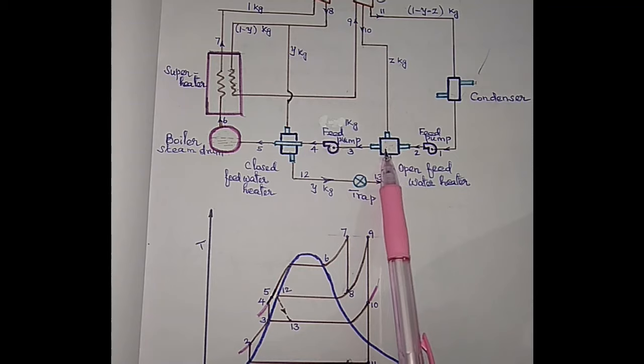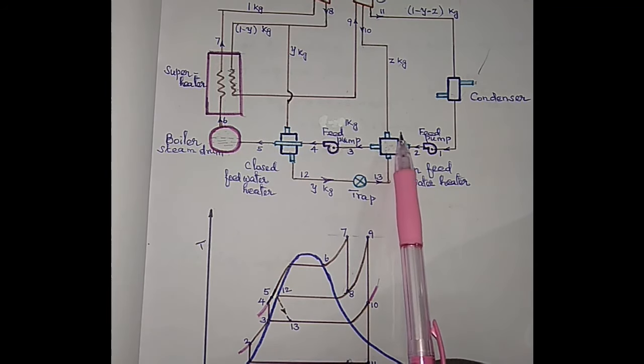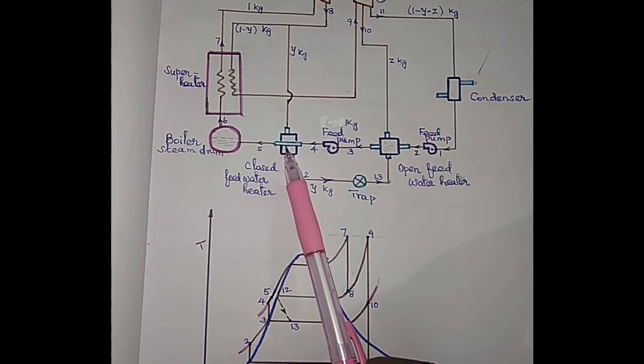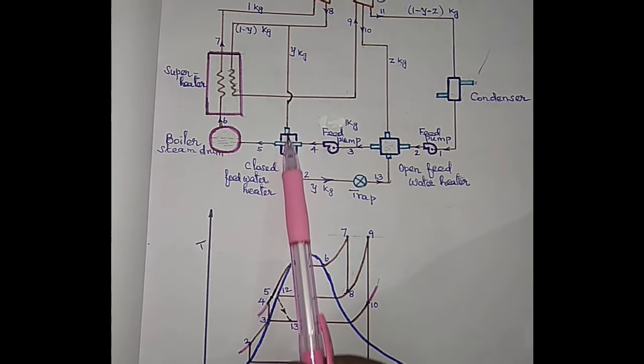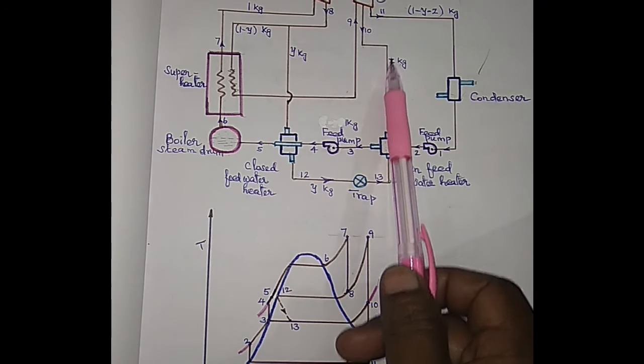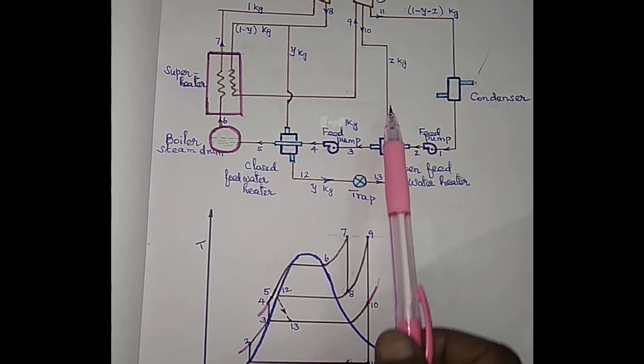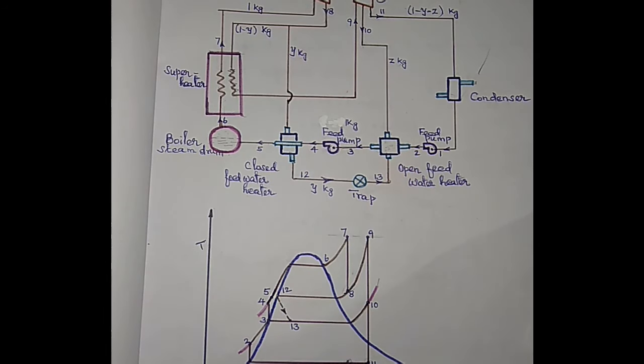Here even though we have shown this open feed water heater at a lower pressure than this one, because this y kilogram which is extracted is at a higher pressure than this z kilogram of steam, which is at a lower pressure, it is preferable to put this open feed water heater on the high pressure side.